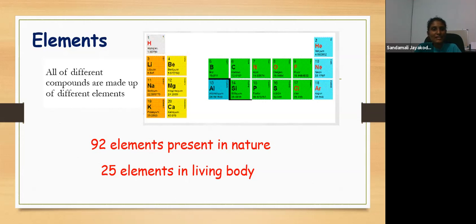We also have body parts like hair, blood, and all the tissues in our body, which are made up of different elements. But only 25 elements can be found in our living body.